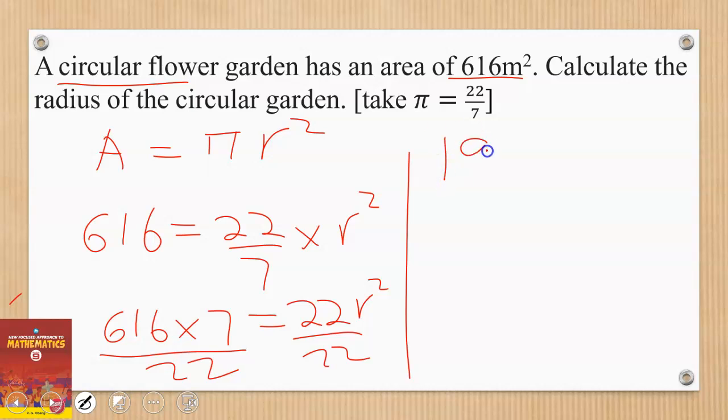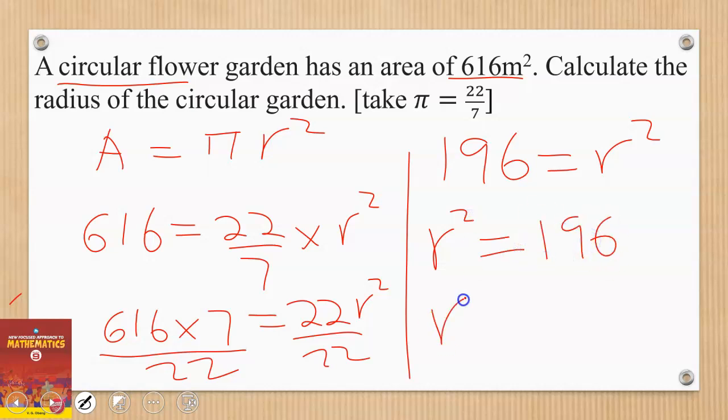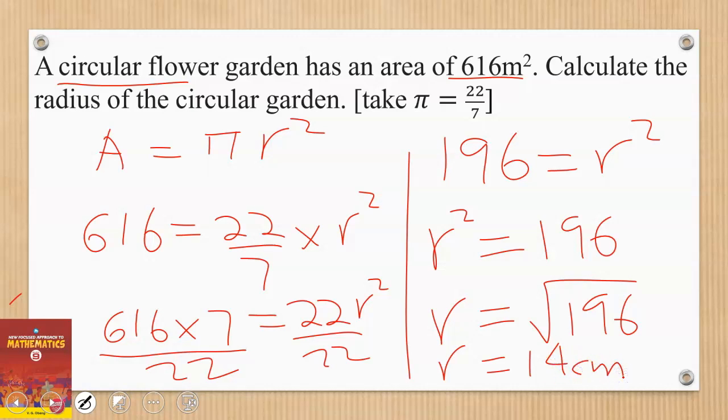So we can say 196 equals r squared. And since we want to make r the subject, we just take the square root of both sides, and that will give us r equals 14. So 14 centimeters will be the radius of the circular garden.